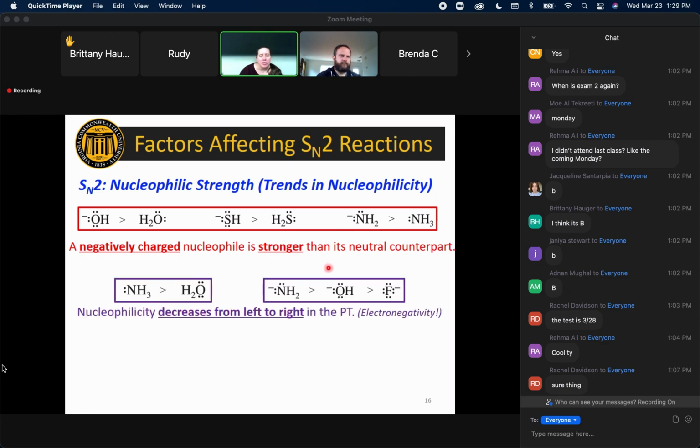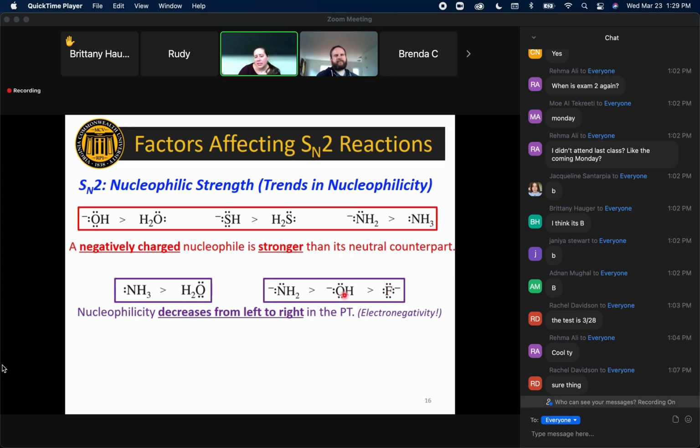Another trend that we can talk about is based on electronegativity: nucleophilicity decreases as you move from left to right in the periodic table. This should make sense to you also. I'm going to use this example on the right here to talk about this. Fluorine is the most electronegative element. So if you have F minus, that fluorine is going to be the best at stabilizing that negative charge.